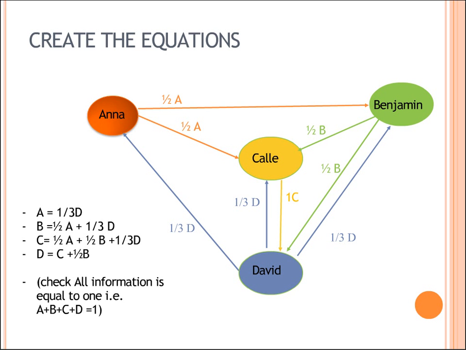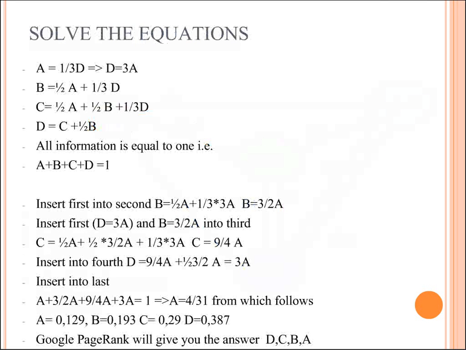You can also check that this is the complete information here. If you add all of these equations up, you will get A plus B plus C plus D equals 1. But basically you have 4 equations, and the question is how do you solve them. This is a simple maths problem. You're familiar with this from high school, so all you have to do is compute the equations.